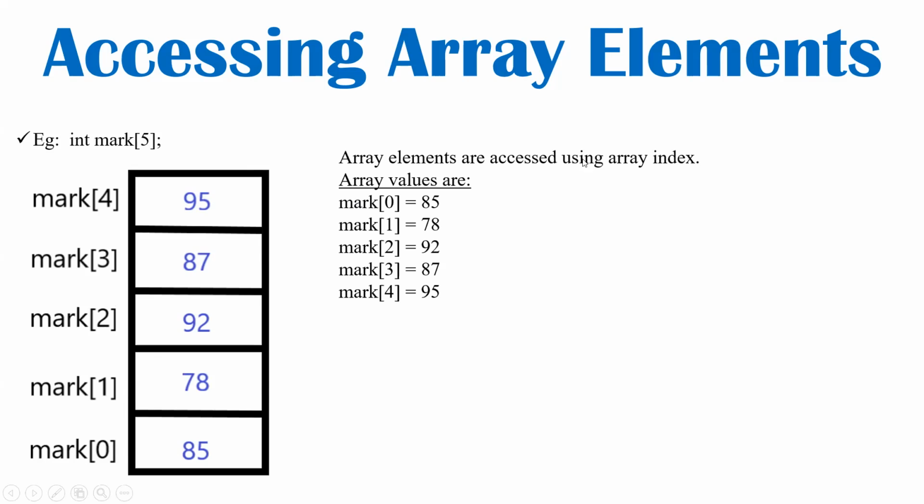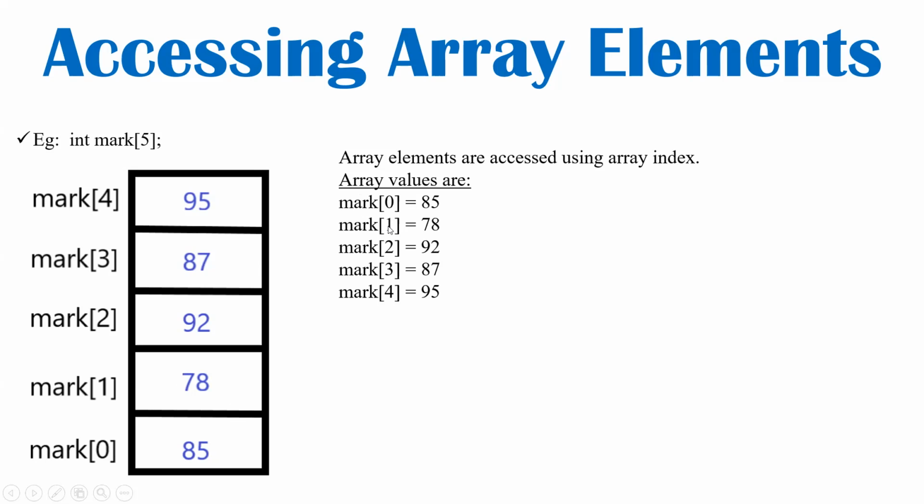So how can I access these array elements? 85, 78, 92, 87, and 95 are the values in the given array. We can access these values using the corresponding index. So mark of 0 will give 85, which is the first element in this array.